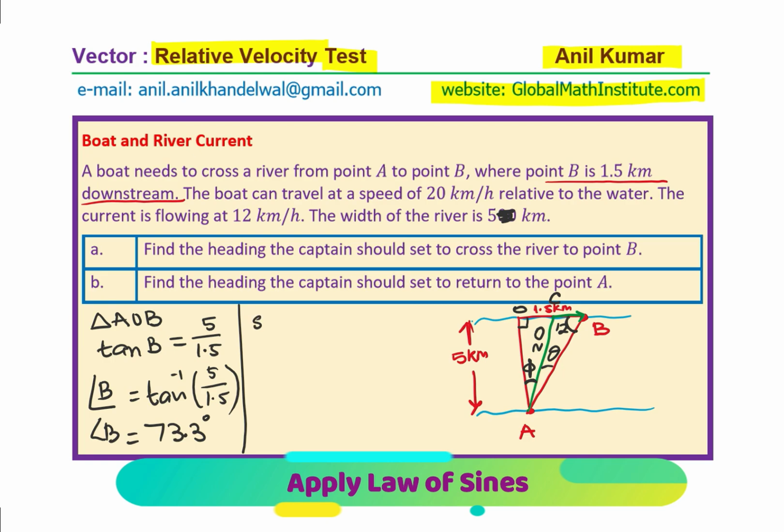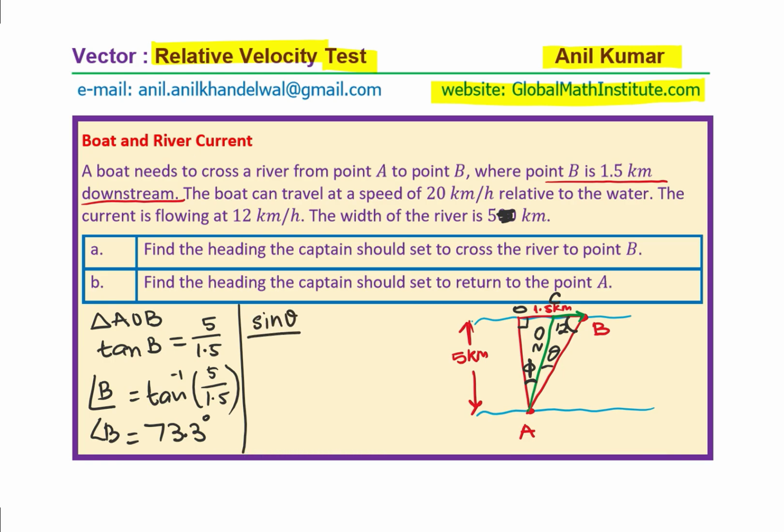So we say sine theta over the water current, which is 12, should be equal to sine of 73.3 degrees over the side opposite, the speed of the boat relative to water, as 20. So that should help you to find the angle theta, right?